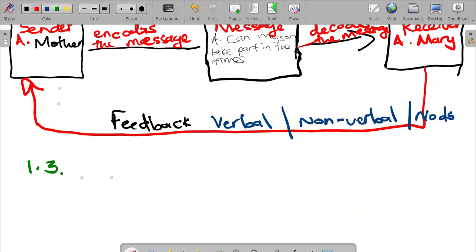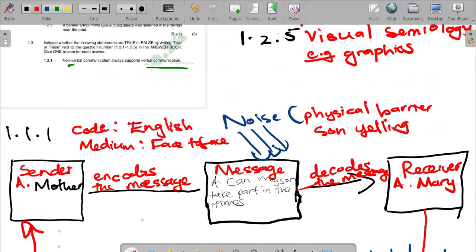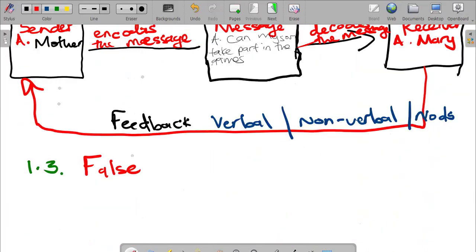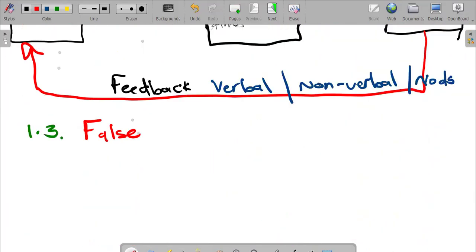Sometimes it might contradict verbal communication. It does not always support verbal communication.